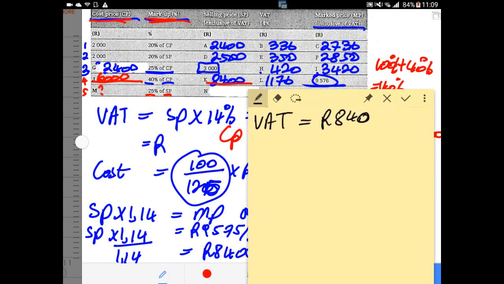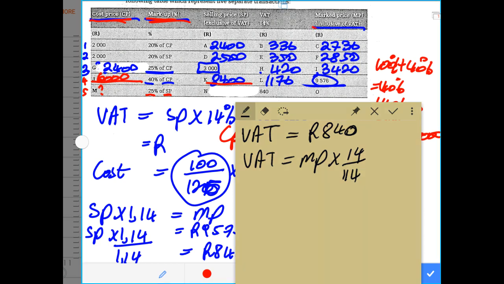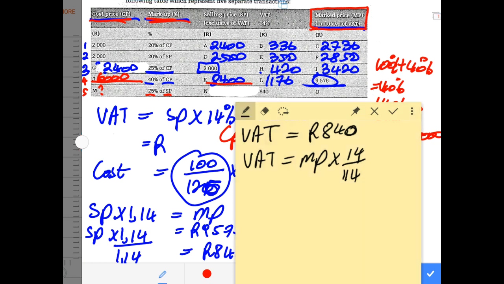So now it means if the marked up price was given, we'll say VAT is equal to MP times by 14 over 114. Why would we do this? Because the marked up price is inclusive of VAT. That means the marked up price includes VAT. So for us to calculate VAT on a VAT inclusive amount, we must multiply by 14 and divide by 114.